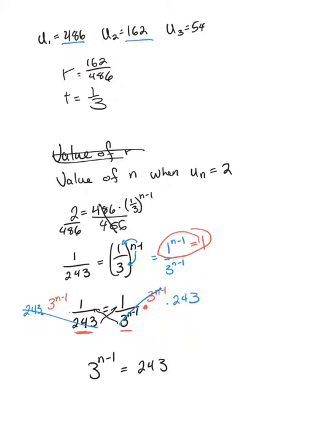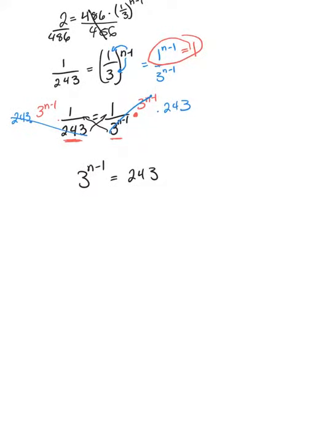All right, next step. I need to figure out how to find what this variable is. And yes, you can use logs, but there's no need to. It's simpler than that. What I want to do is get this number to be in the form of this. So I want to figure out, is this a power of 3?